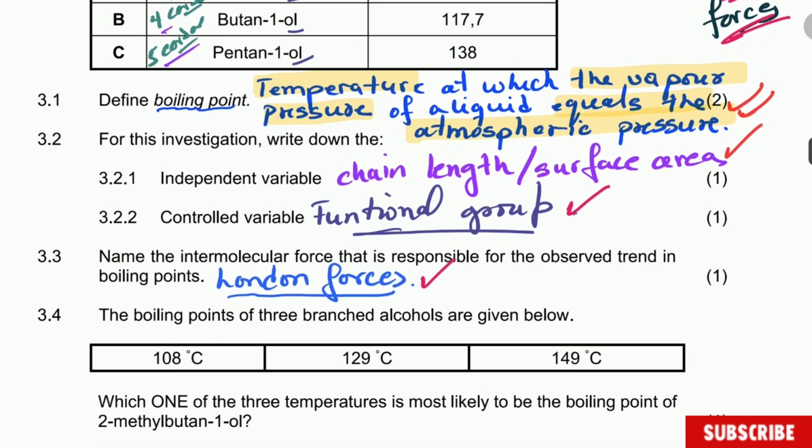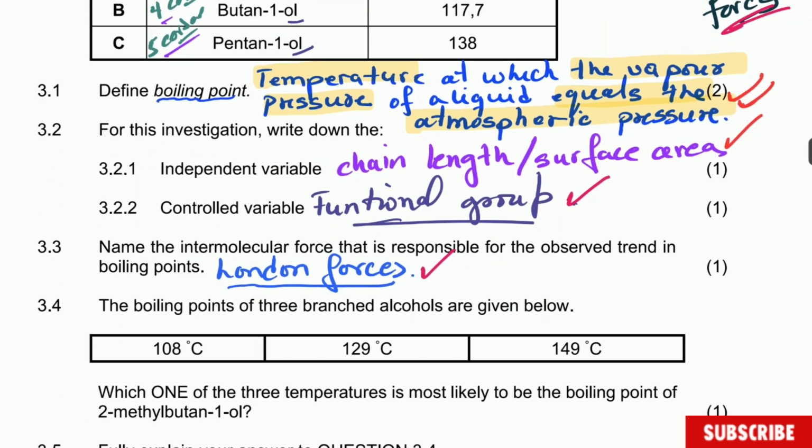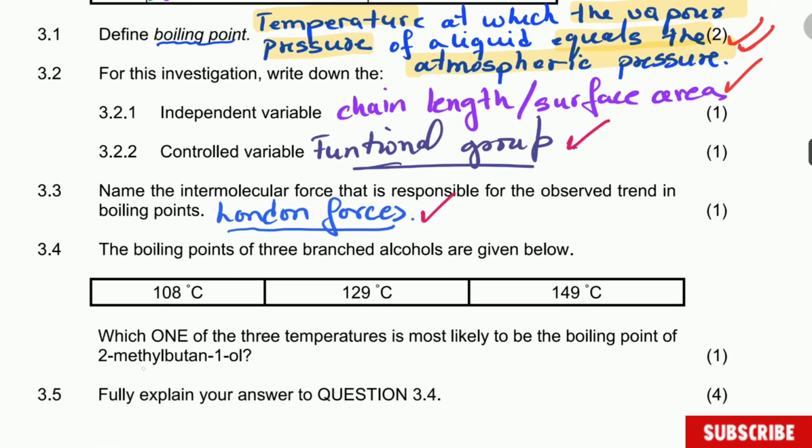The boiling point of 3 branched alcohols are given below. Now they give 3 different boiling points for a compound that is not in there. It's a new compound, which in this case is going to be 2-methyl-butan-1-ol. Now, let's see, because this question I think is a little bit more tricky than the other ones.